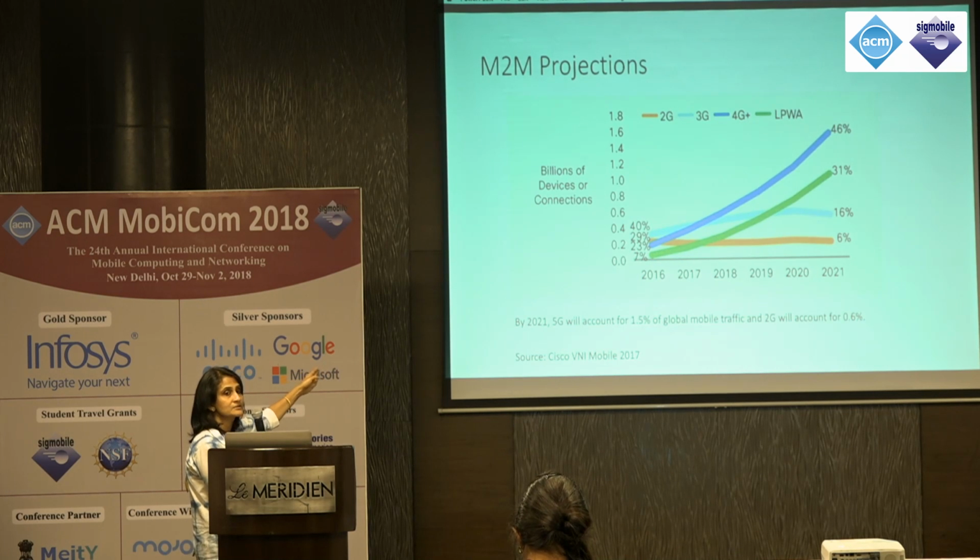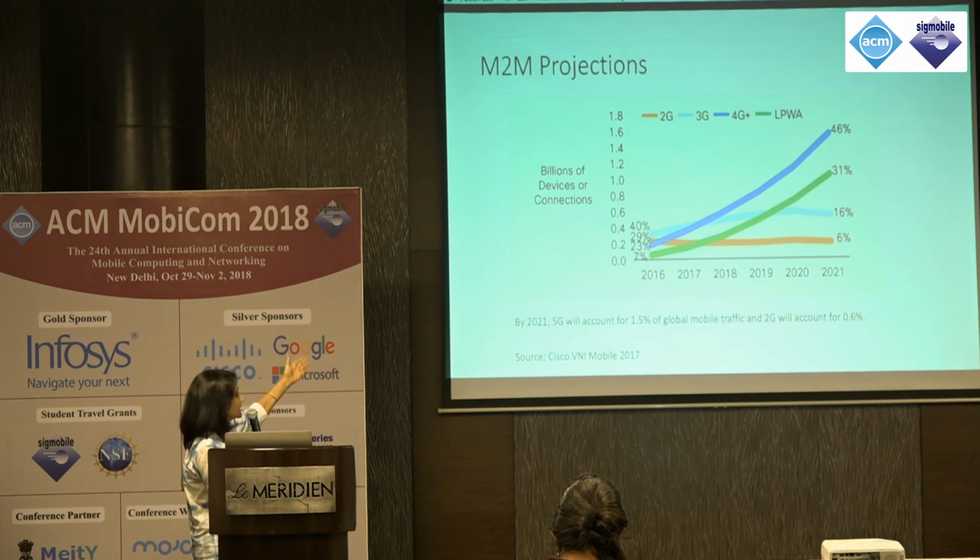What is happening today is that the 2G and 3G networks are out there. People are not using them for high data rate applications, and they are being repurposed already for machine-to-machine applications. So today, most machine-to-machine communications is happening over those systems, and that is going to continue for a while.